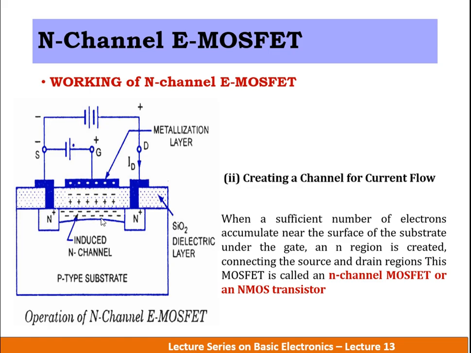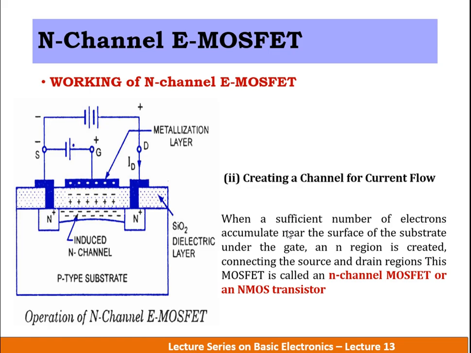Whenever a channel is formed, the electrons are repelled by the negative potential and attracted towards the drain terminal, because at the drain terminal we have a positive potential. So there will be a movement of electrons, and movement of electrons means there will be a flow of current, the drain current.